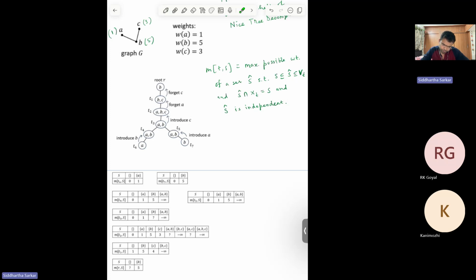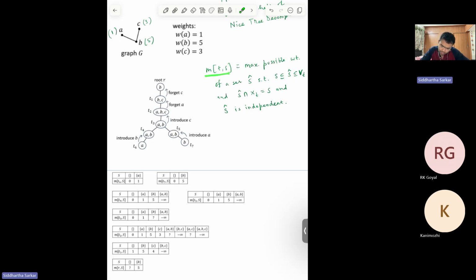Right. So S is a subset of the vertices. So T is a node in the nice tree decomposition. So an entry M is taking a parameter T, which is a node in the tree decomposition, and a subset of vertices S. So corresponding to every T comma S, there is an entry M. Okay.